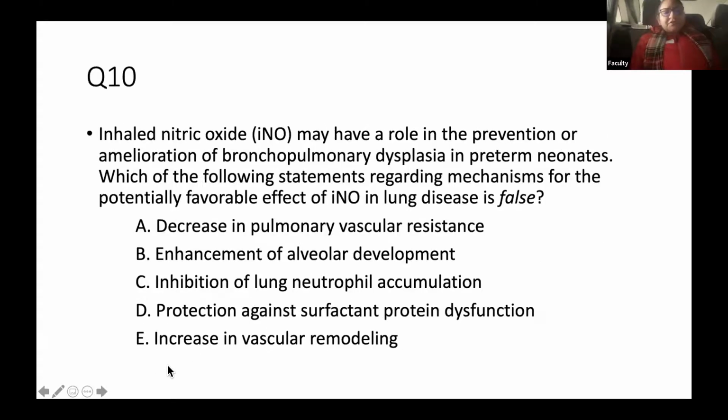Okay, the last question. Inhaled nitric oxide may have a role in prevention or amelioration of BPD in preterm infants. Which of the following statements regarding the mechanism of potentially favorable effect of nitric oxide in the lung is false? A decrease in pulmonary vascular resistance, enhancement of alveolar development, inhibition of lung neutrophil accumulation, protection against surfactant protein dysfunction, increase in vascular remodeling.